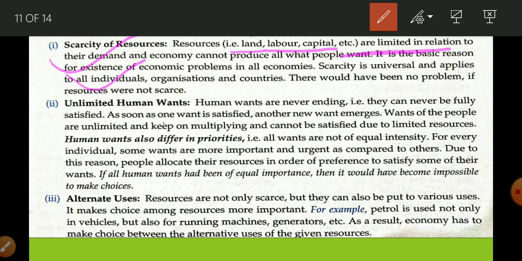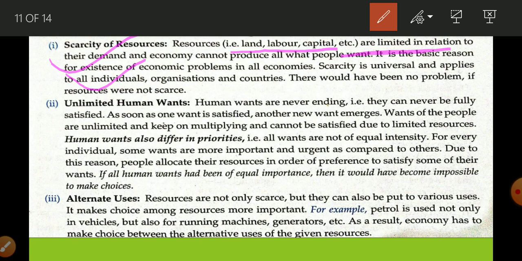You start to put pressure that when I am in senior classes, please purchase for me a bike or a scooty. When you get a bike or a scooty, now you start to think about a car. This is the nature of our wants. When one want is satisfied, another takes its place. So in this way human wants are unlimited.